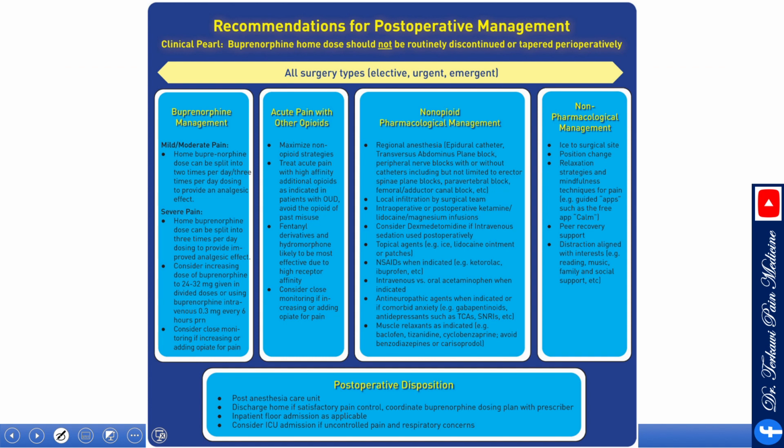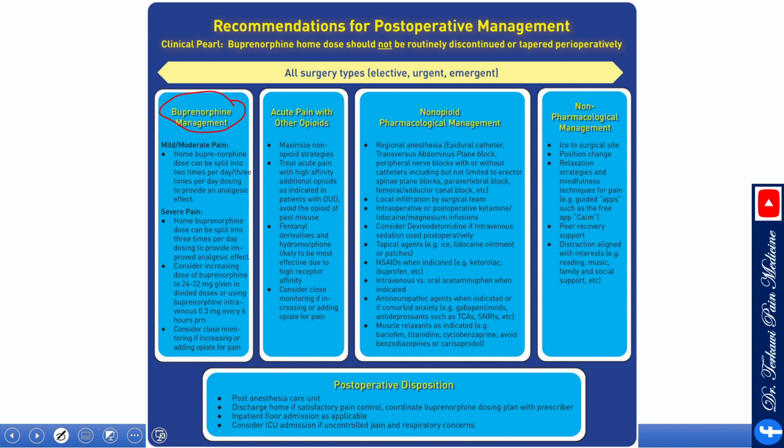Now, this is a summary infographic from the same paper. So, buprenorphine management: if you have mild to moderate pain, the home buprenorphine dose can be split into two times per day or three times per day.